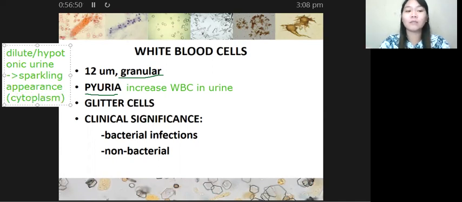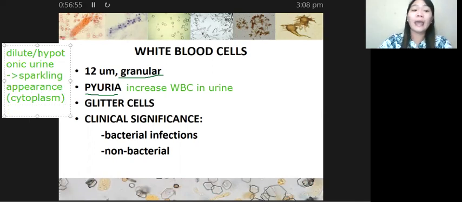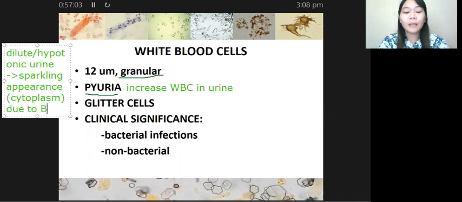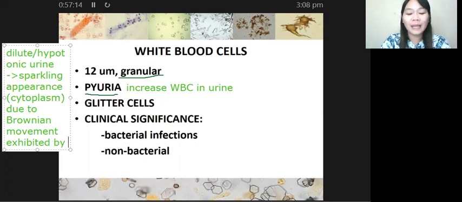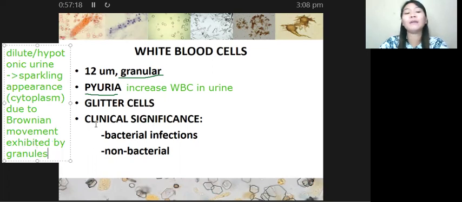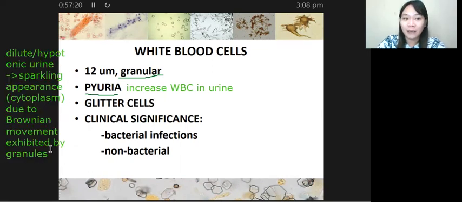The cytoplasm of your WBC has a sparkling appearance, and this is due to the Brownian movement that is exhibited by your cytoplasmic granules.